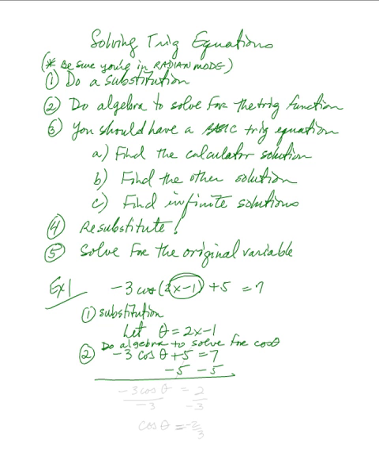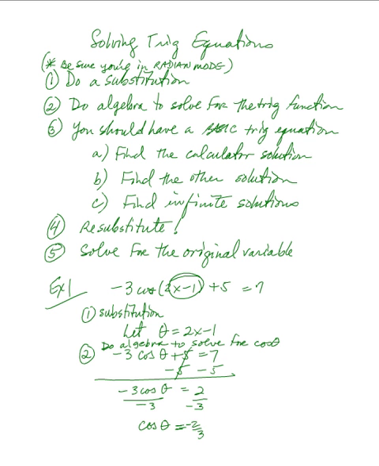So I have -3 cosine of theta equals 2. And now I want to divide by -3. And that'll leave me with cosine of theta equals, oh, I'm sorry, -2/3 because that's a -3. Okay, there we go. So cosine of theta equals -2/3.